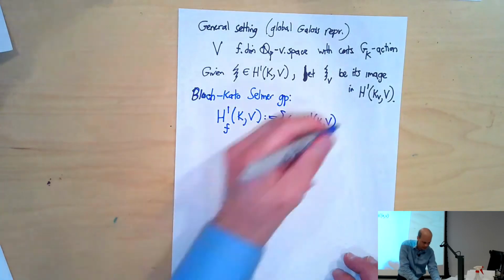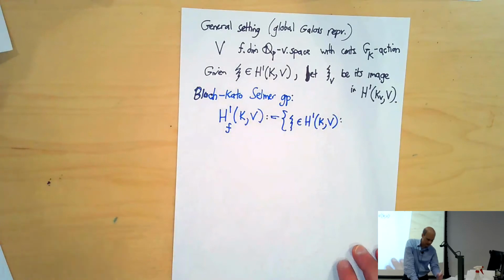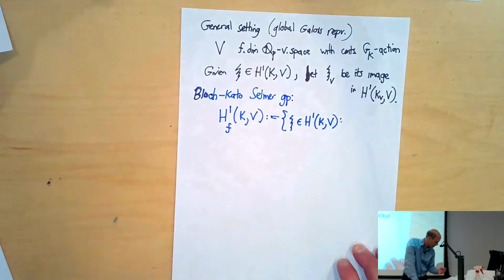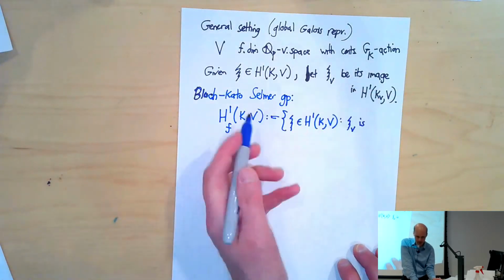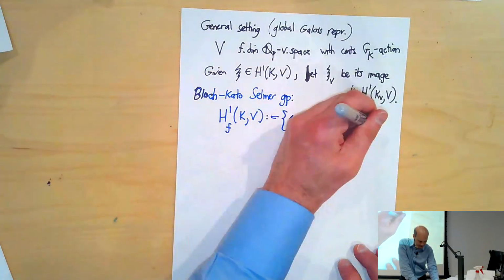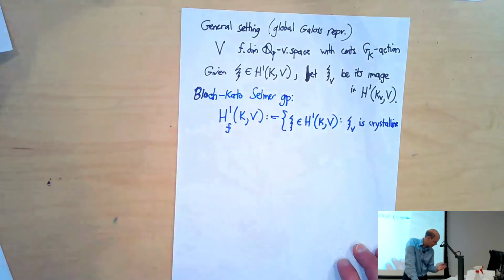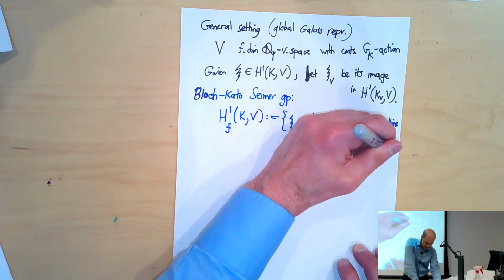But as I mentioned before, there's no condition when you're at a place that does not divide p. So these conditions are really only being applied at the places dividing p, and then the condition is that it should be crystalline. In other words, it should belong to the local H^1_f at each of those places. So this should be crystalline for all v that divide p.